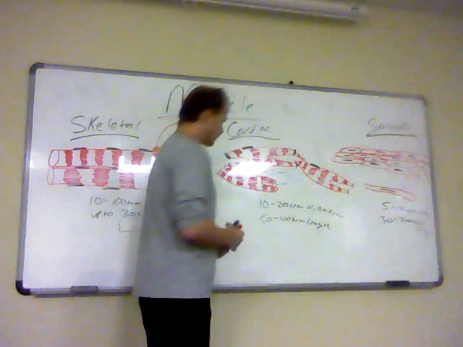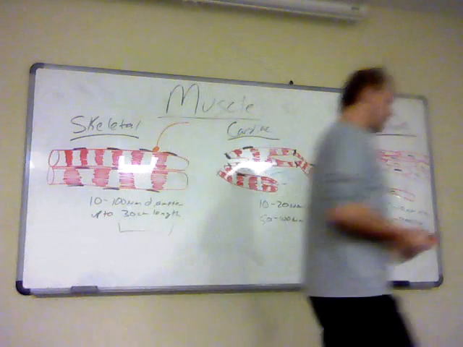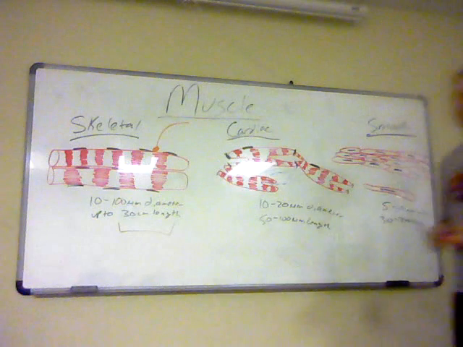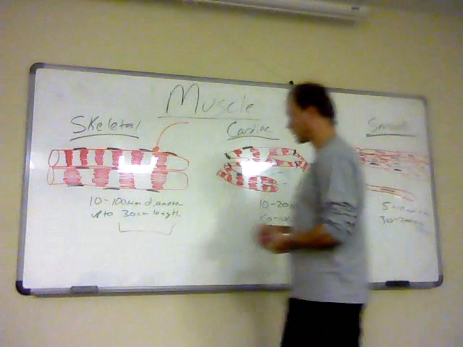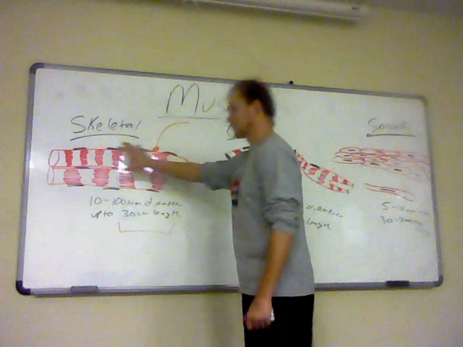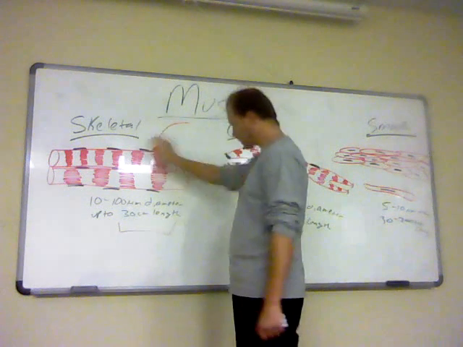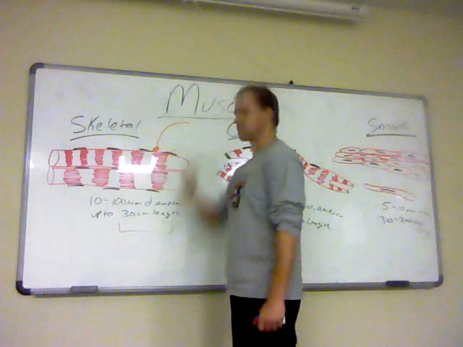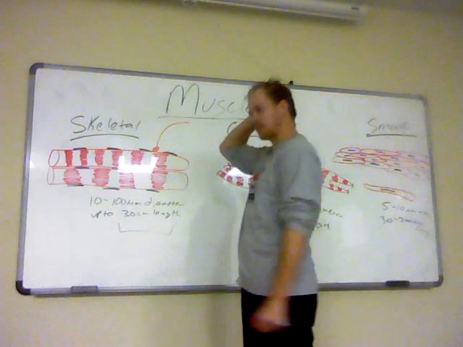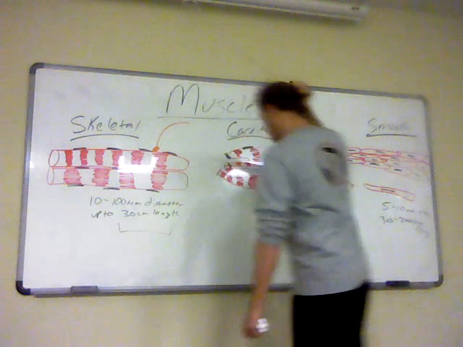So again, when it comes to looking at these muscle cells, you have to pay attention to the morphological differences between them. Skeletal muscle cells are very long, fairly thick, with a little bit of space in between the muscle cells, which is occupied by connective tissue.